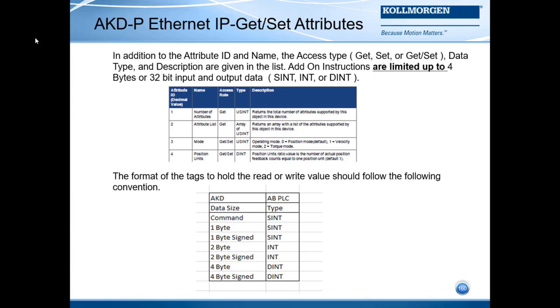Add-on instructions are limited up to 4 bytes or 32-bit input and output data, which is a short int or double int. The format of the tags to hold the read or write value in the PLC should follow the following convention. The chart shows on the left the AKD data size, and on the right it shows the AB PLC type.